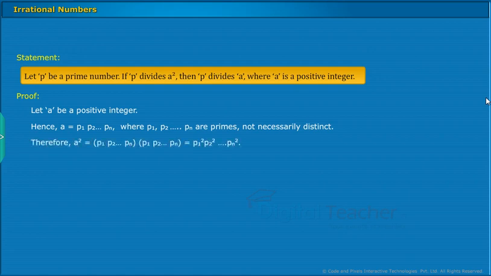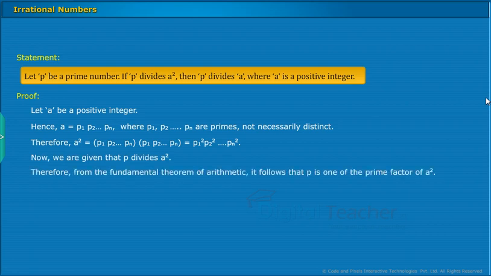Therefore, a square is written as shown on screen. Now, we are given that p divides a square. Therefore, from the fundamental theorem of arithmetic, it follows that p is one of the prime factors of a square.